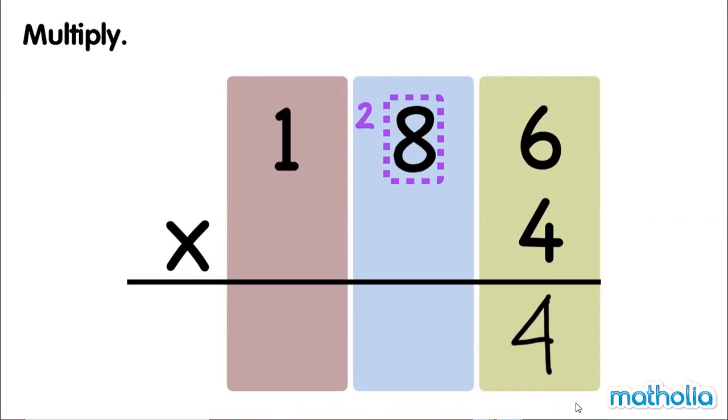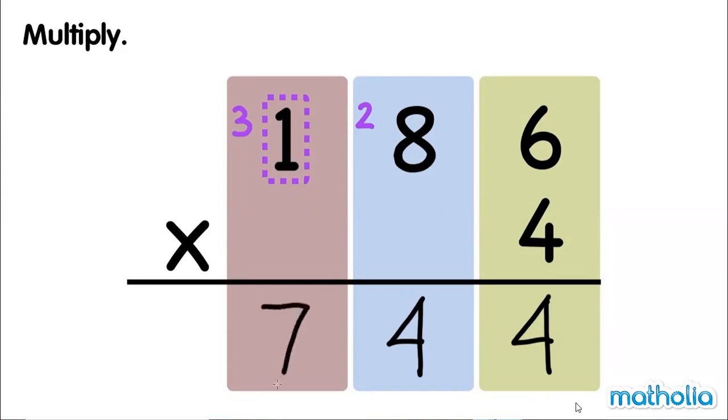Regroup 34 tens into 4 tens and 3 hundreds. Finally, multiply the hundreds by 4 and add the regrouped hundreds. 1 hundred times 4 equals 4 hundreds, plus 3 hundreds equals 7 hundreds. 186 times 4 equals 744.